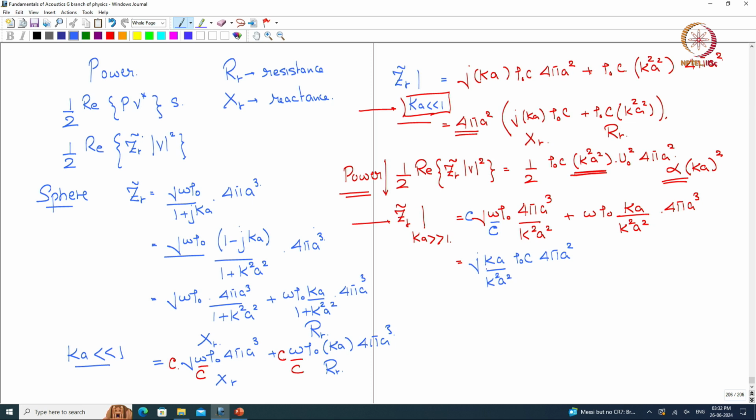So that this goes and I get a Ka in the denominator. So as Ka becomes bigger, this imaginary part starts to reduce.